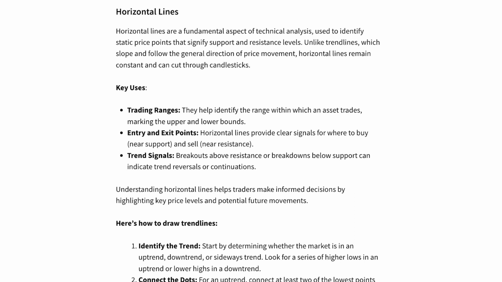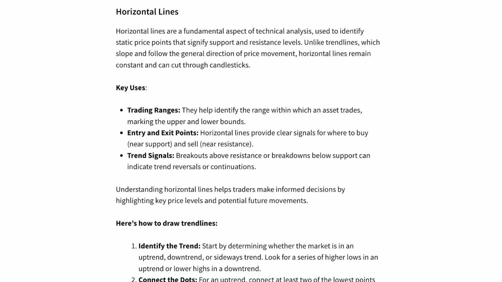For ranges, a horizontal line, as we will see, is going to help us identify the range in which a stock trades. Sometimes it lives within a certain upper and lower bound on price. For exit and entry points, these horizontal lines may provide clear signals for where you might want to buy or sell the particular stock.